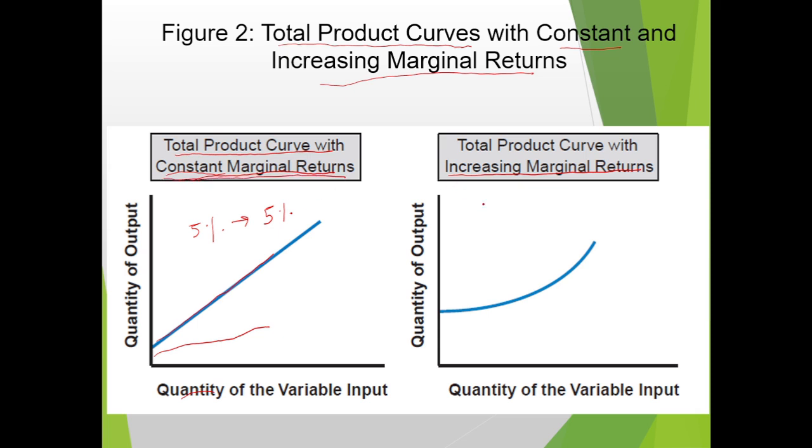Now, increasing marginal return is, let's suppose we increase the quantity of variable input by 5%, and the quantity of output increases by 10%. That is your increasing marginal returns.